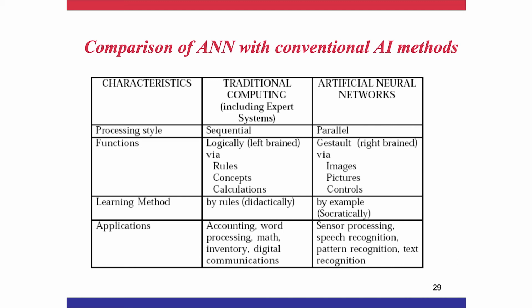So it is more adaptive in that sense, like the Gestalt or the right brain function, which takes information in forms of images, pictures, and some operational strategies, and we can make the functions data dependent or based on the inherent information in the data, and that guides us for our processing.